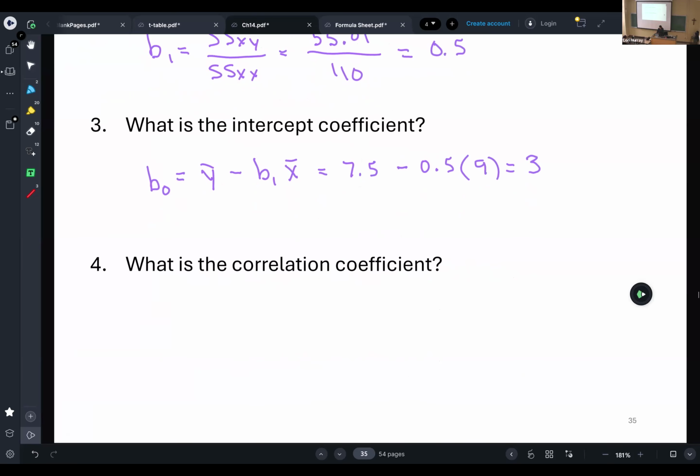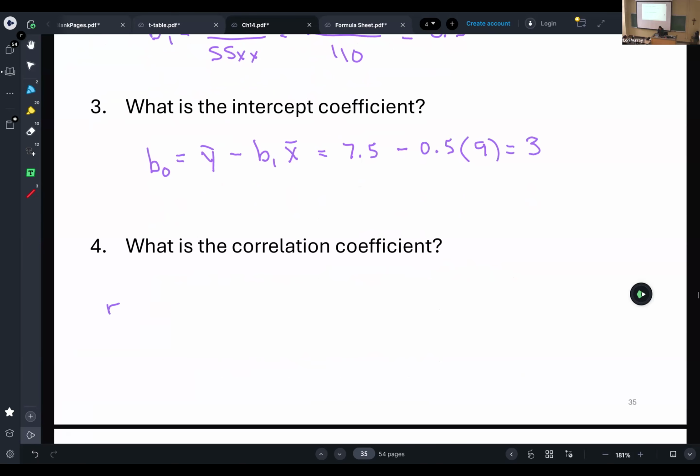But what is the correlation coefficient? So we want to know what the correlation is. Now remember, all four sets had the same regression equation and the same correlation. So if we're calculating this, we can do this formula right here. Numerator is the xy sum of squares. Denominator is the square root of the sum of squares for the x's multiplied by the sum of squares for the y's.